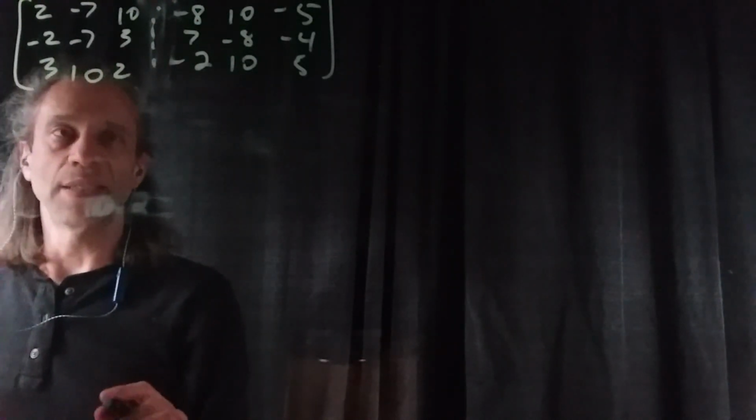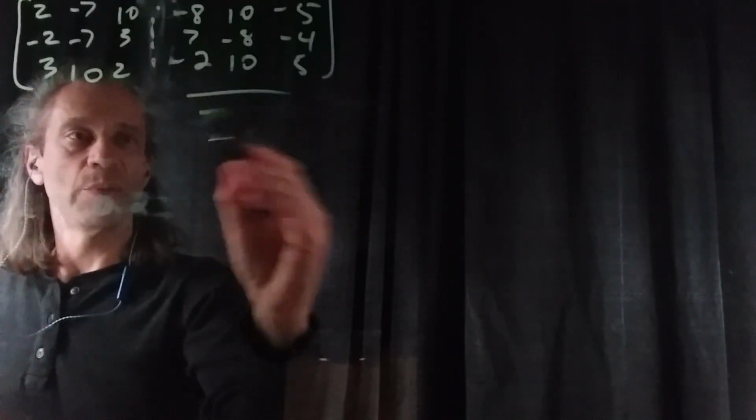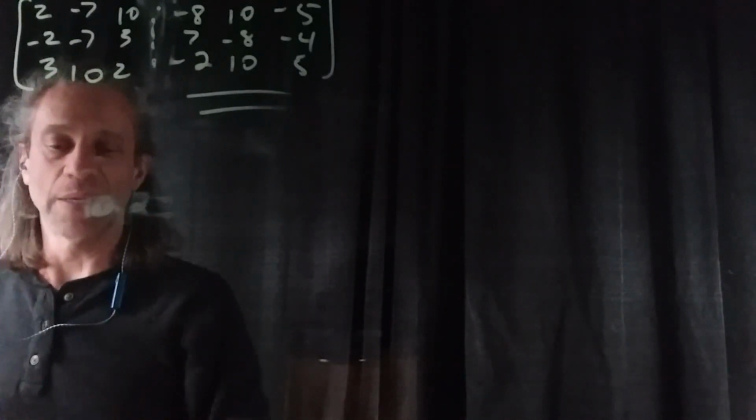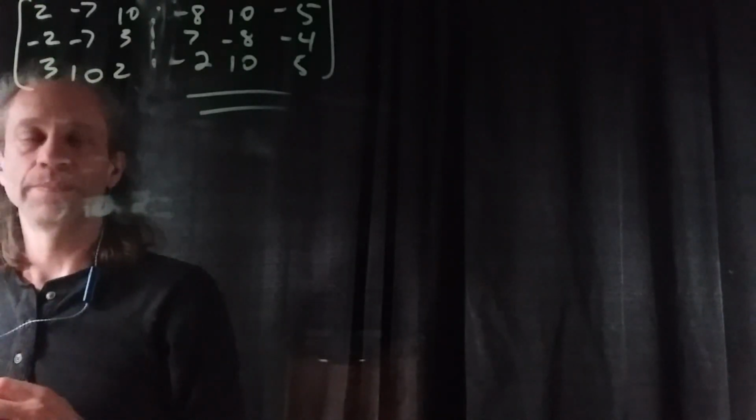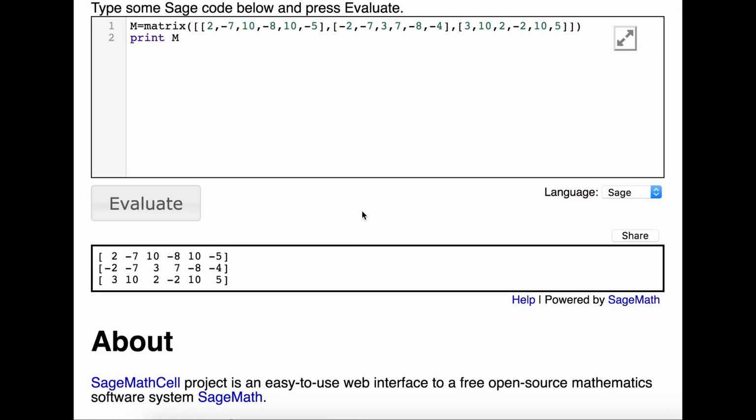So we'll ask Sage to do that, and whatever ends up over here next to the identity matrix will be the conversion matrix P that we're looking for. Okay, so here we're using Sage to do the row reduction in exercise 3.